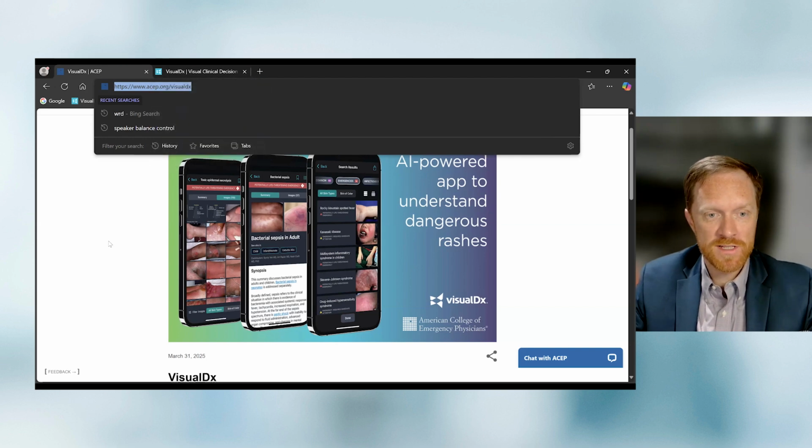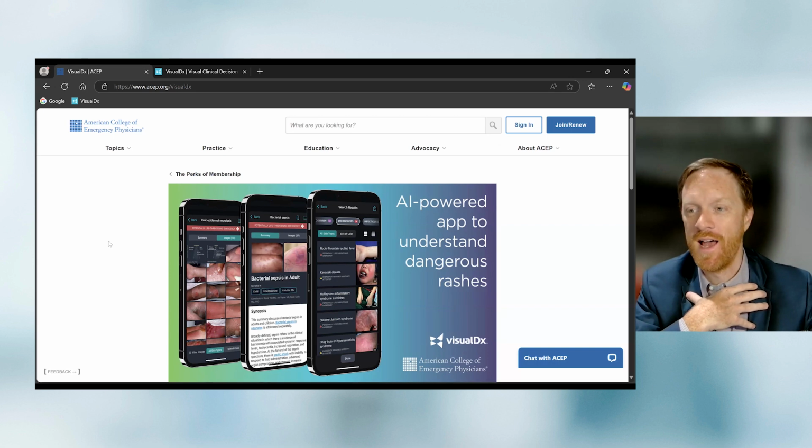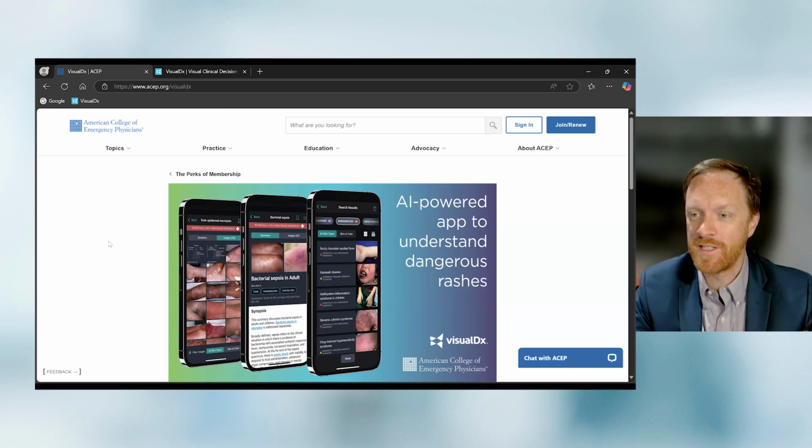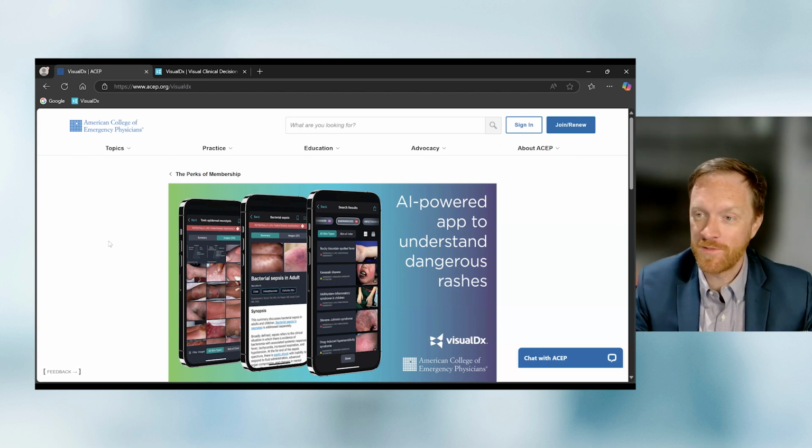Last thing I want to show you is, if you're unfamiliar with what Visual DX is, it's like this. I'm not a Dr. Most. I'm not an infectious disease specialist who has all the background and the knowledge. Like I was saying at the beginning of the talk, I'm busy during my shift seeing chest pain. I saw a stab wound while I was taking care of a stroke patient yesterday, and an ESI-3 rash came through.